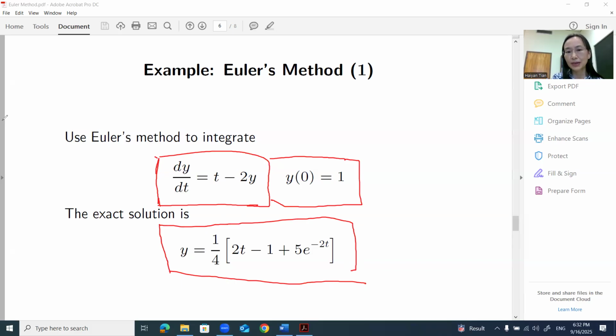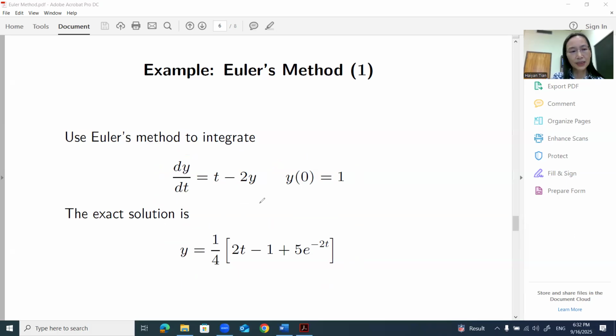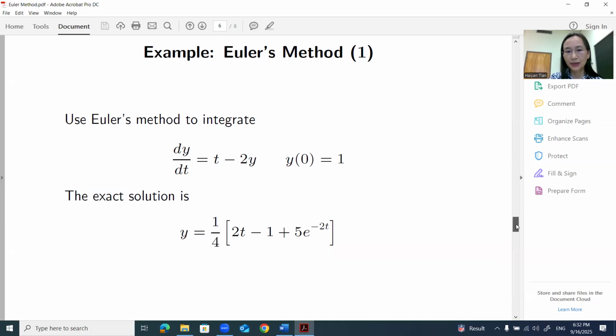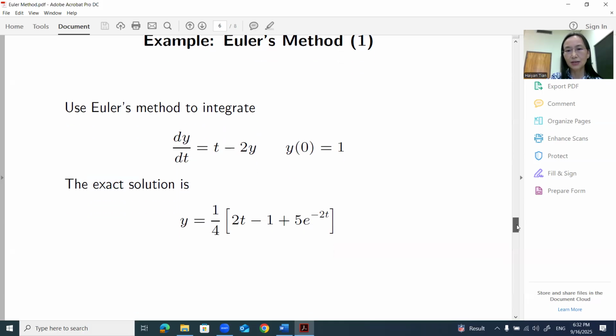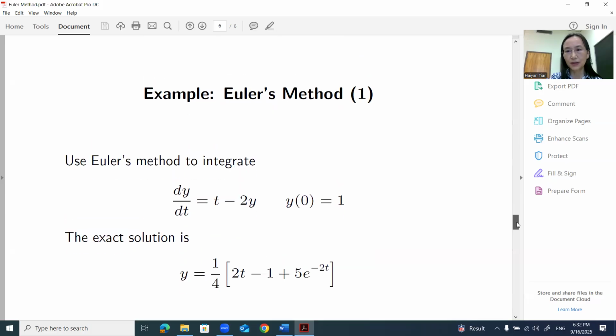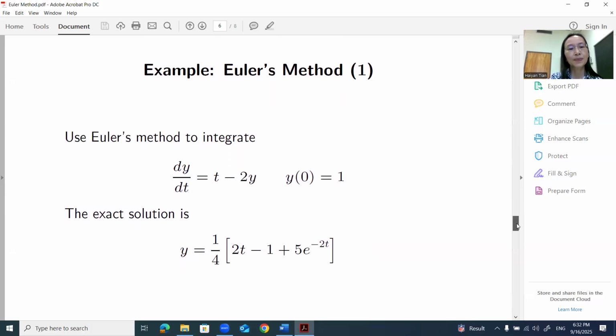I just want to say we can possibly get a unique solution for the initial value problem. But today we want to find the numerical way of solving this. Suppose you do not know how to solve it. So how can we numerically find an approximation to the solution of the initial value problem?